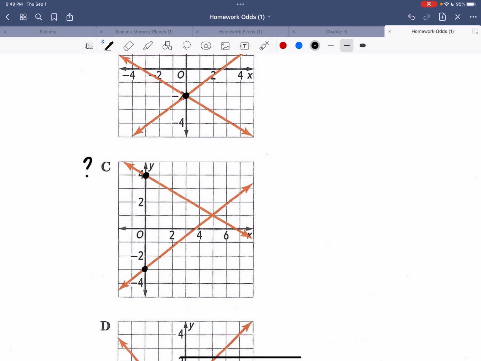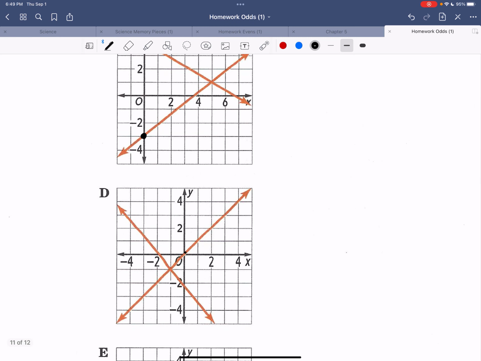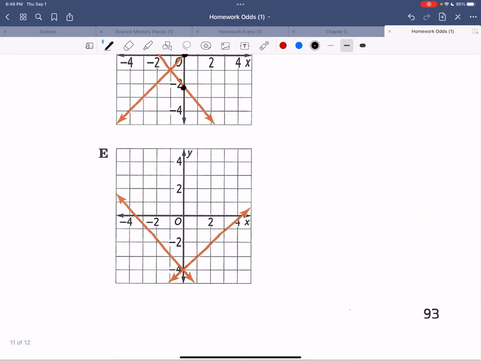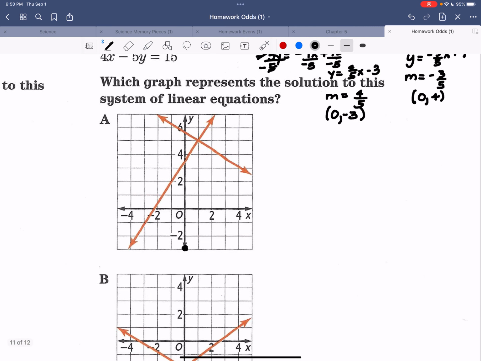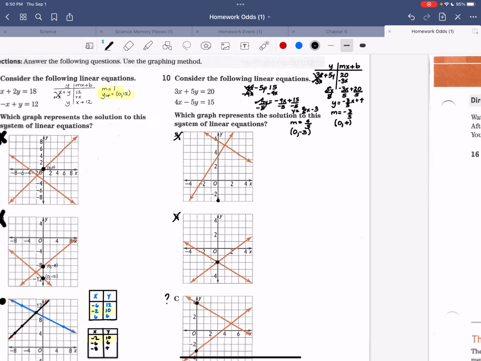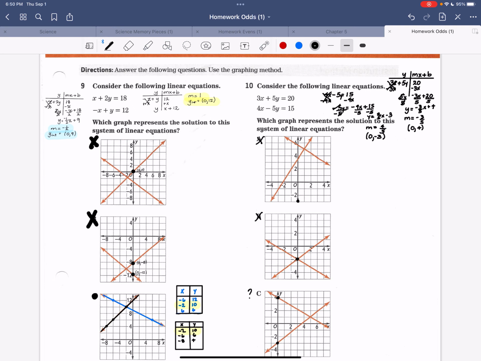So let's put a question mark there. This one we have 0, 0, and a little bit below 2. That doesn't fit, so that can't be it. And this one we have 0, negative 4. That doesn't fit. We've got a 0, 4, but that would be above. So I think we've got this one. B doesn't fit, does it? No. And neither does A. So on the basis of the intercepts, I'm going to tell you that this one is C.